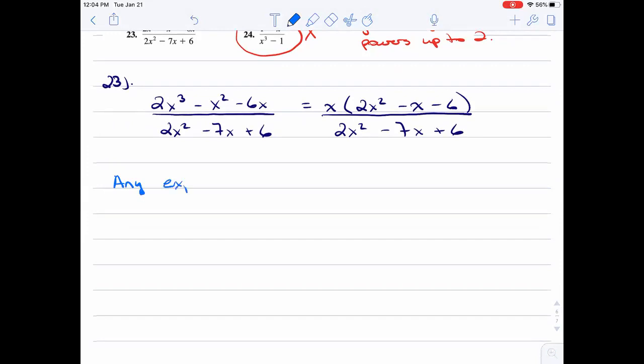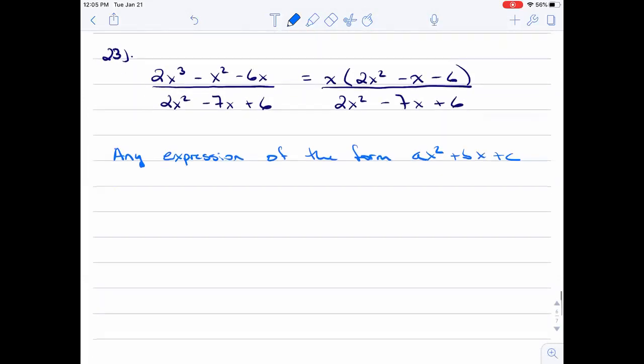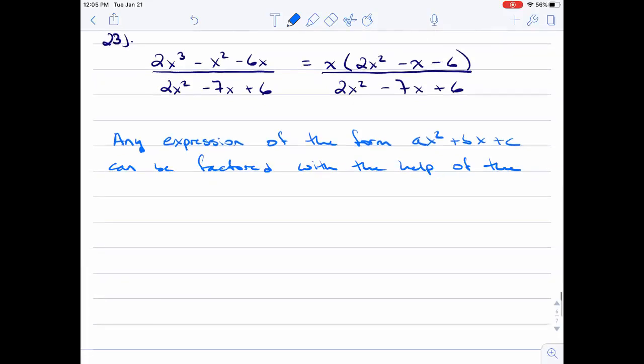Any expression of the form ax squared plus bx plus c can be factored with the help of the quadratic formula.